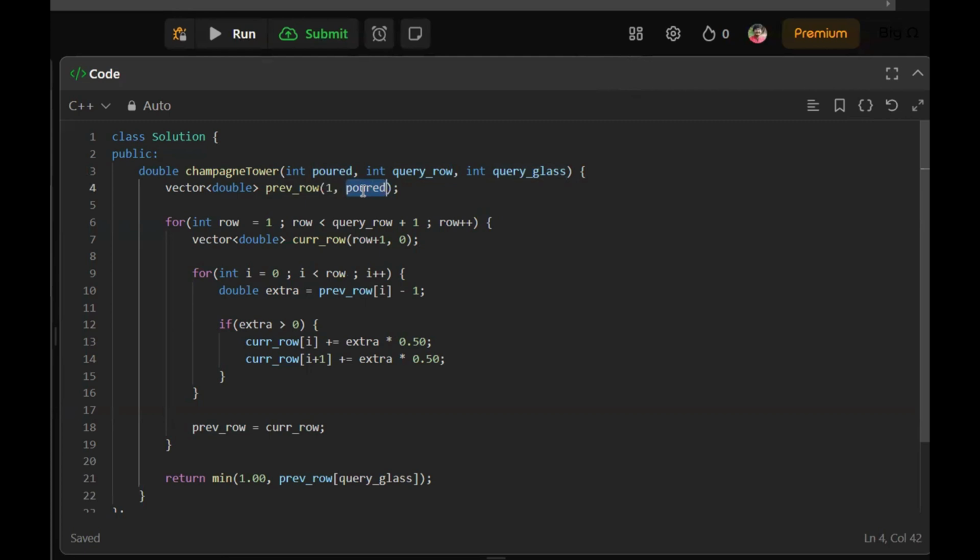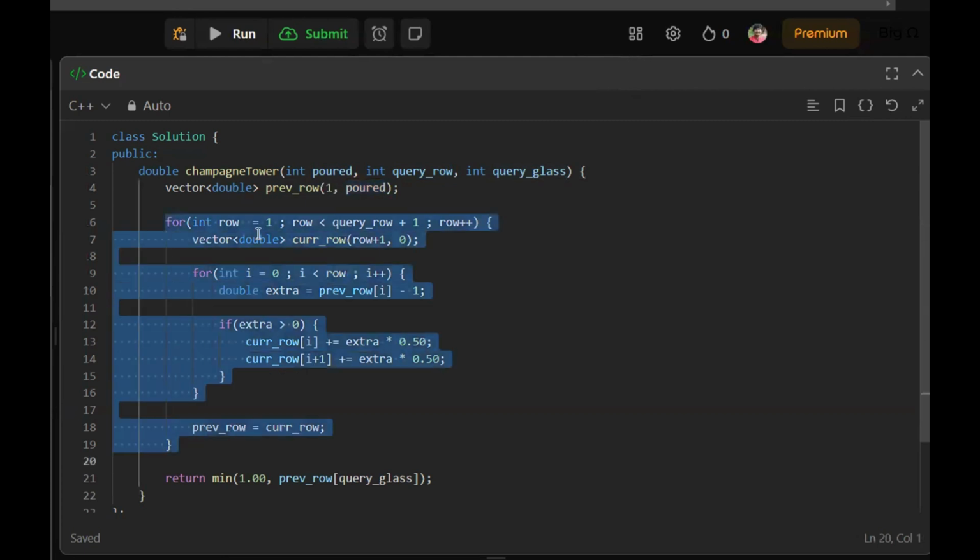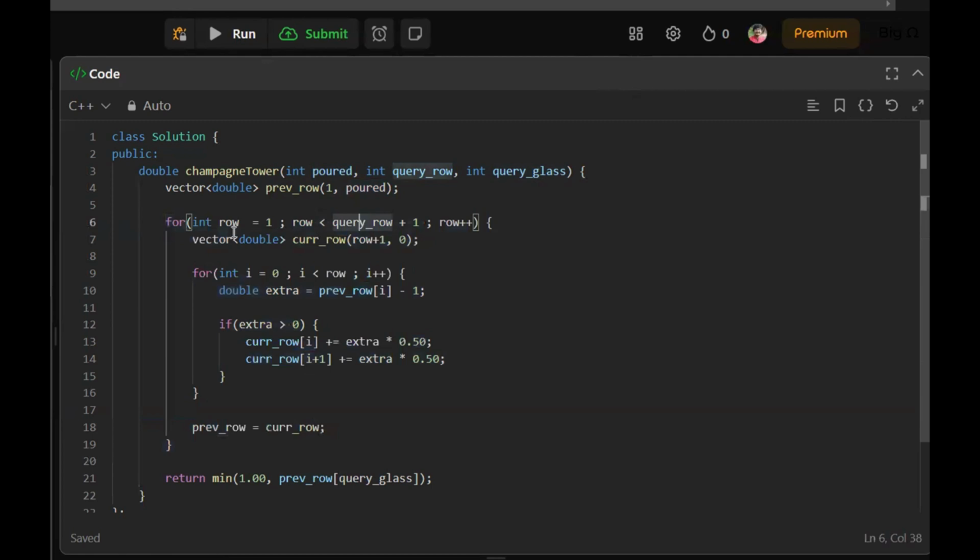Now, we will run a loop for the next rows, from 1 to query row plus 1. And each time we will declare a current row here. And initially, all of the entries of the current row will be 0. That means currently this row does not have any champagne. This current row only has the champagne from the previous row.